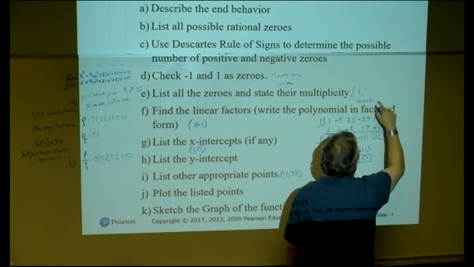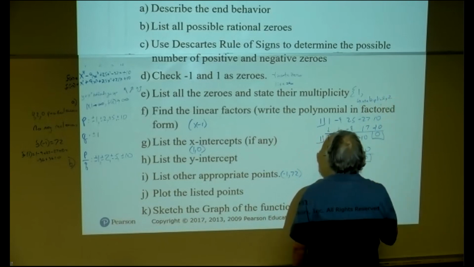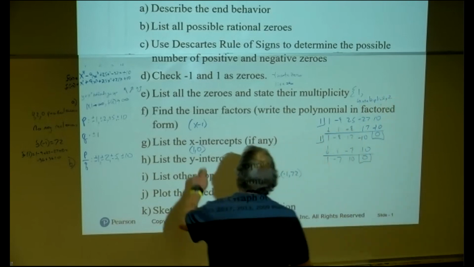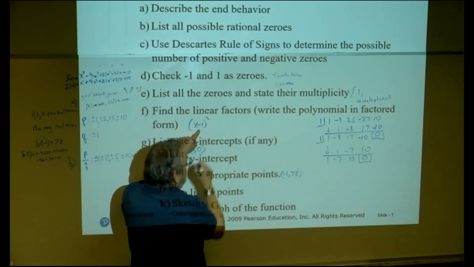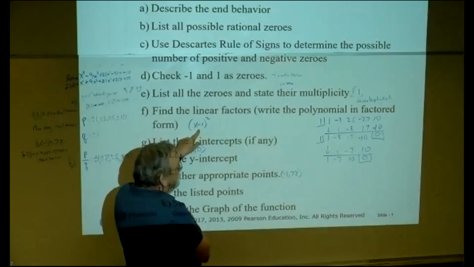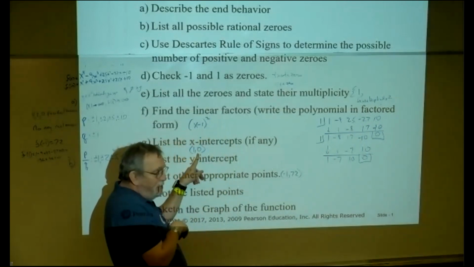Whoops. Forgot a very important part of the word. Multiplicity, a multiplicity of 2. Which means I'm multiplying 2 of these factors together. X minus 1 squared. And that means this is a double root.